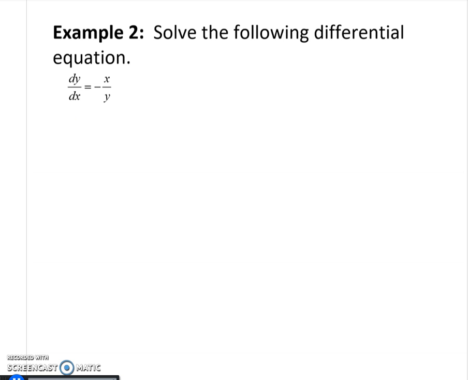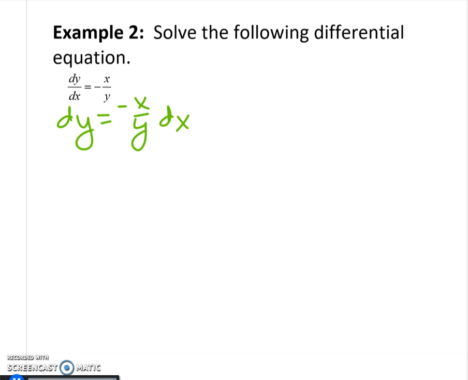Well, I could multiply it to the other side, and I would have dy equals negative x over y dx. That pretty much is showing me that my y variables need to be on the left so that that dy doesn't get messed with, and my x variables need to be on the right because now dx is in the right kind of placement that I need it to be in order to integrate.